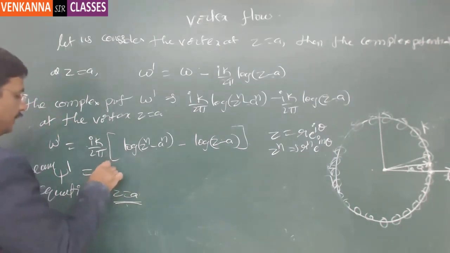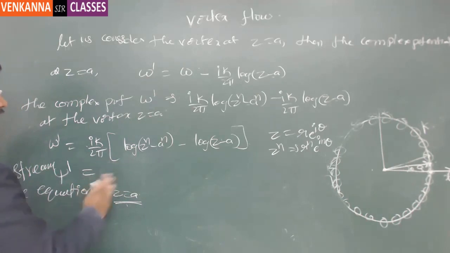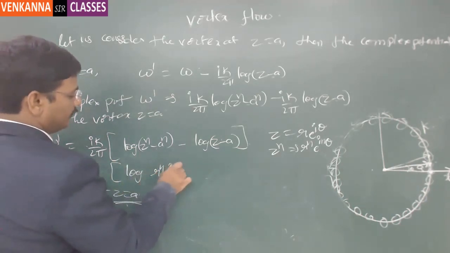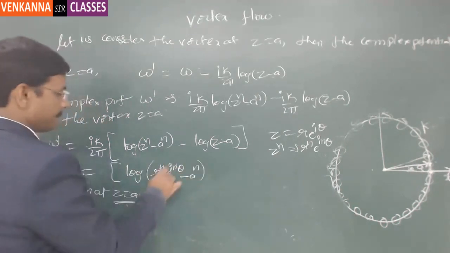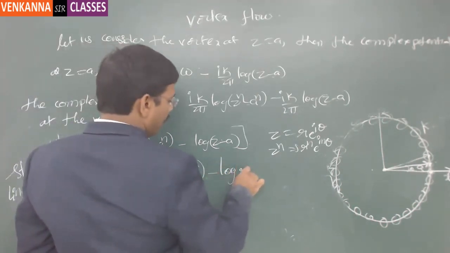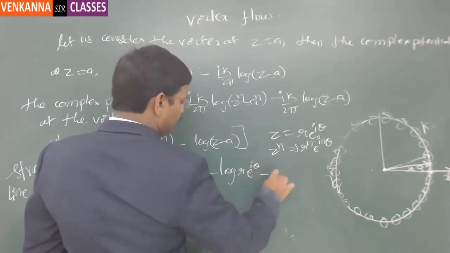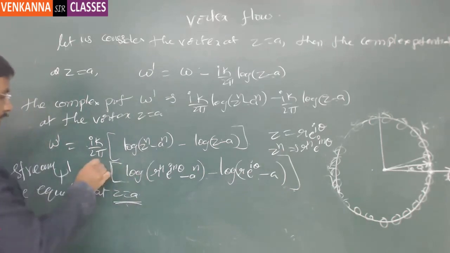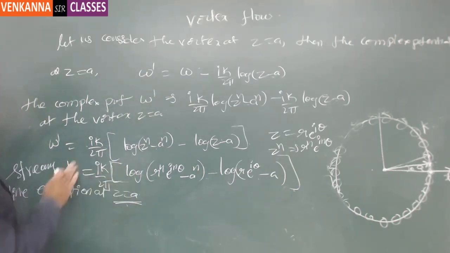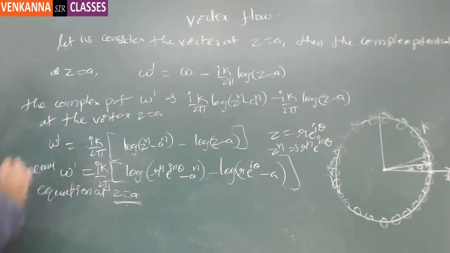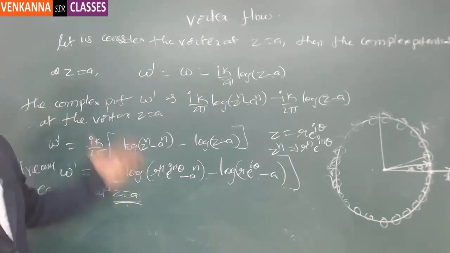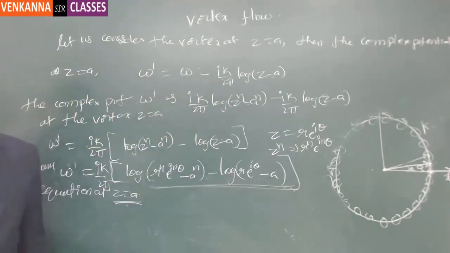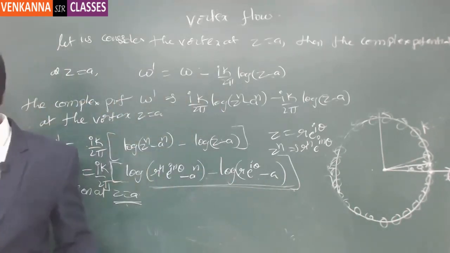So this is i k by 2 pi times log of r power n e power i n theta minus a power n, minus log of r e power i theta minus a. This is i k by 2 pi. This is still in complex form. Got it? So you note down till this point. Now we will simplify this to get the stream function. Got it? So note down this.